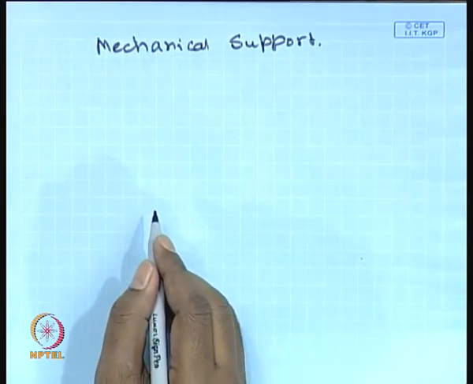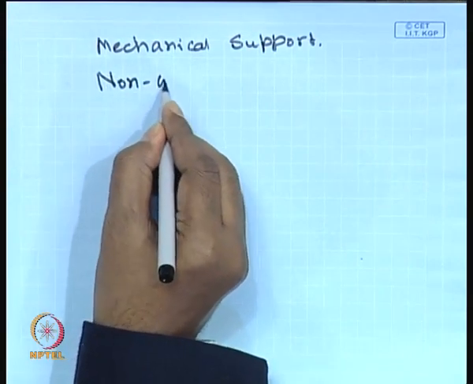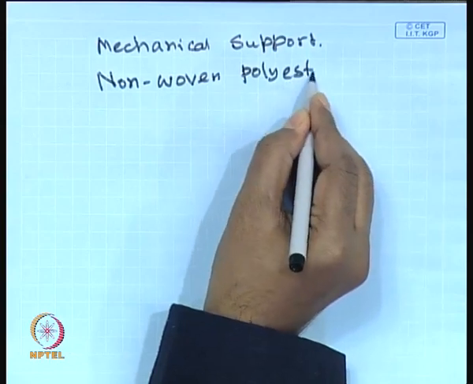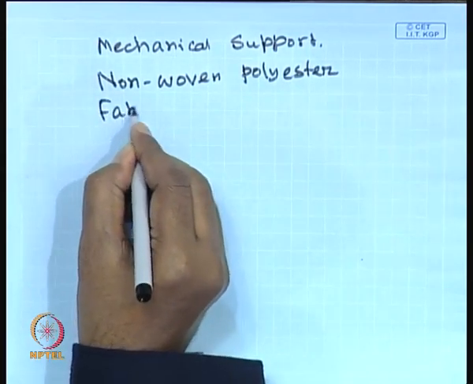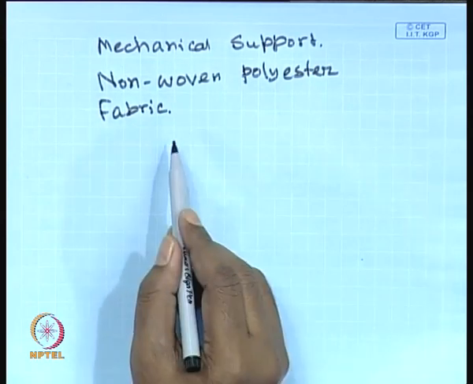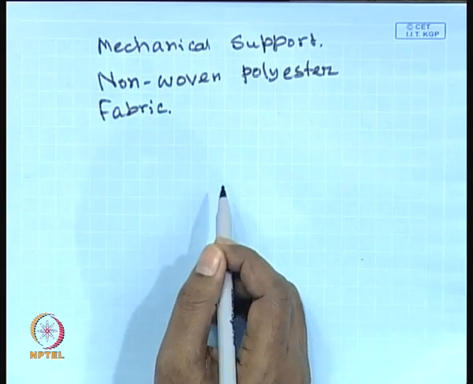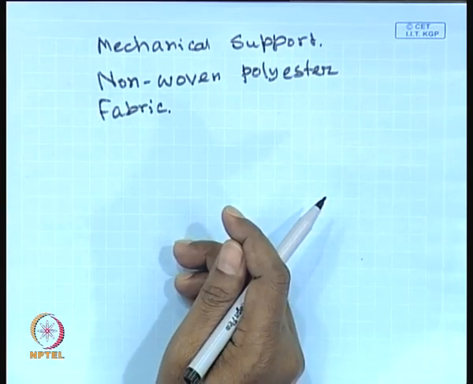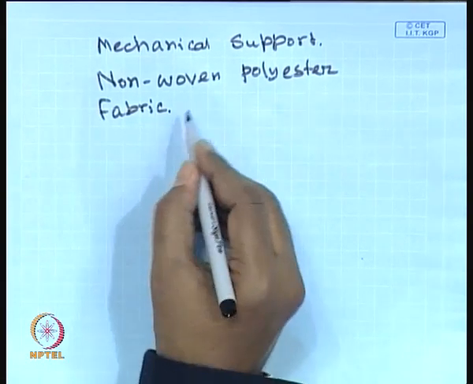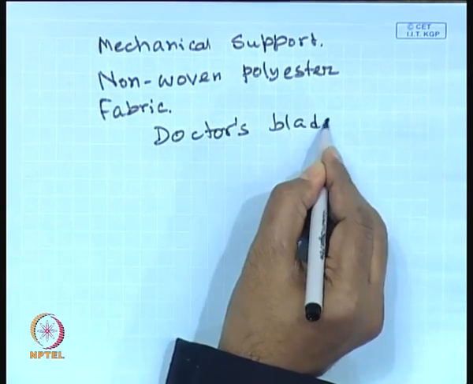This film is cast over a non-woven polyester fabric, and the thickness of the film is generally maintained by something called a doctor's blade or a screw gauge.